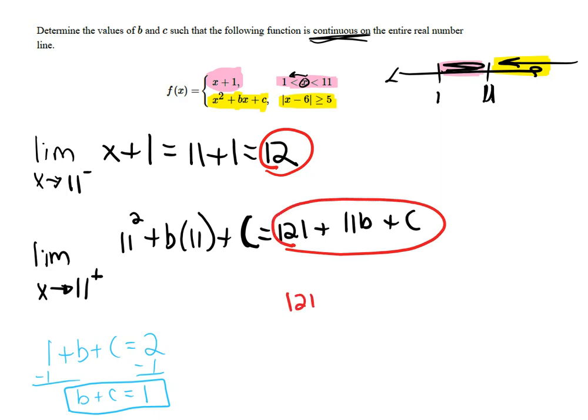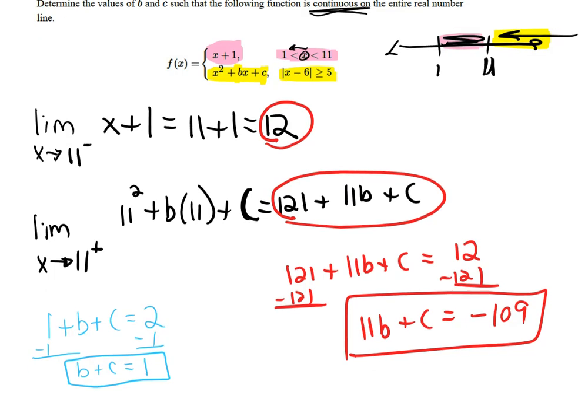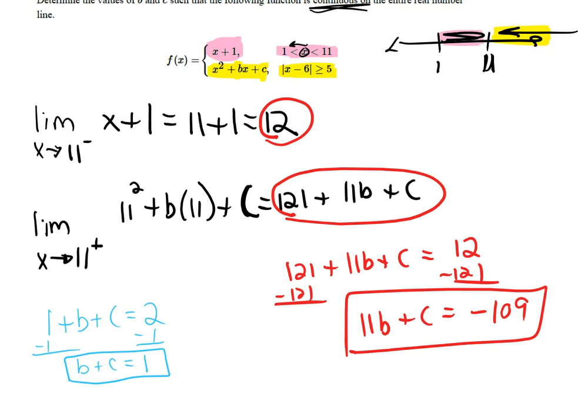So 121 plus 11b plus c equals 12, and if I subtract 121 from both sides, I get 11b plus c equals negative 109. And what I now have is a system of equations. So I have to solve these two by any kind of method.